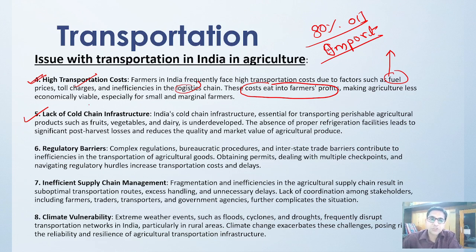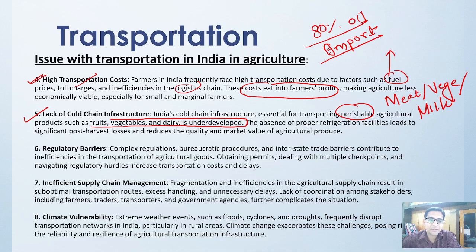Cold storage is especially for perishable goods like meat, vegetables, milk and fruits. These are highly prone to bacterial attack and various types of pest attack. So proper refrigeration is needed, and the cost and fees of cold storage are very high, which again reduces the confidence of the farmer.